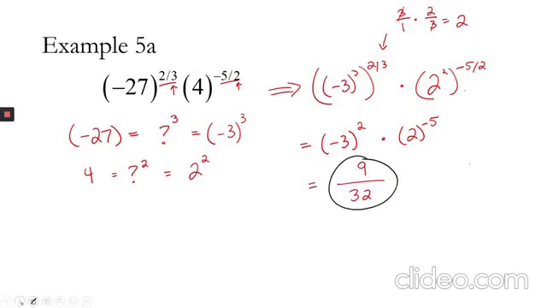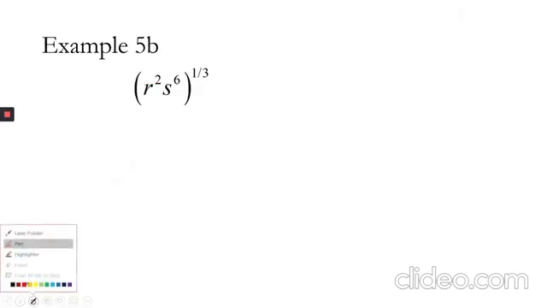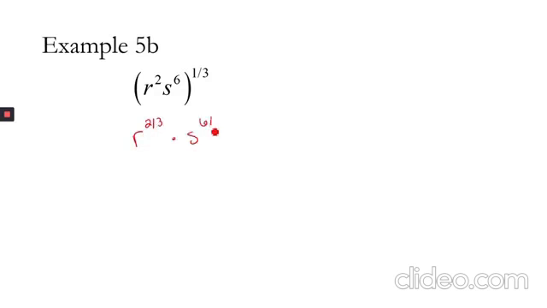Let's do one with variables real quick because this is the type of thing that you can't necessarily do on your calculator. So this one will be r to the 2/3, and then this one would be s to the 6/3. Now r to the 2/3, we can't really do a whole lot. We can't rewrite r as anything different. So then what we're actually going to do is use one of those properties and change that into a radical.